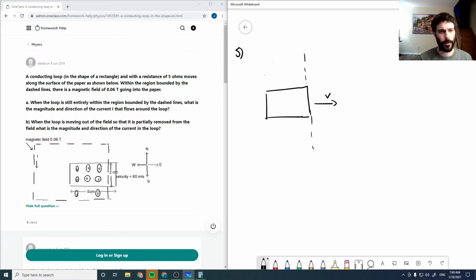And we've got a B field going into the page of 0.06 Tesla. And so it asks, first of all, when the loop is still entirely within the region, what is the magnitude and direction of the current flow?